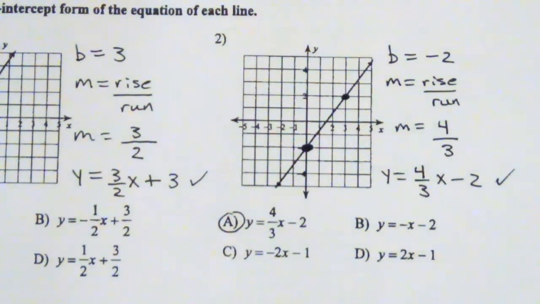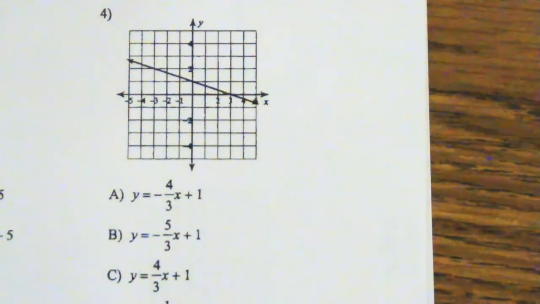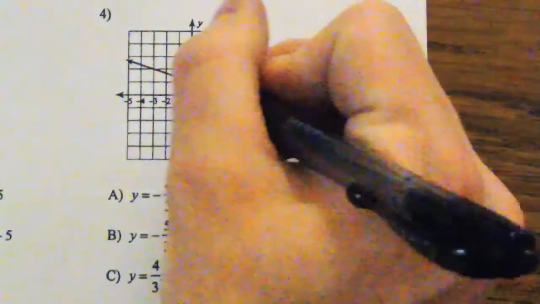Okay. The last one that we're going to do together is number 4. So we're going to skip down to number 4. For number 4, the first thing that we need to do is figure out the y-intercept. Where does it cross the y-axis? 1.